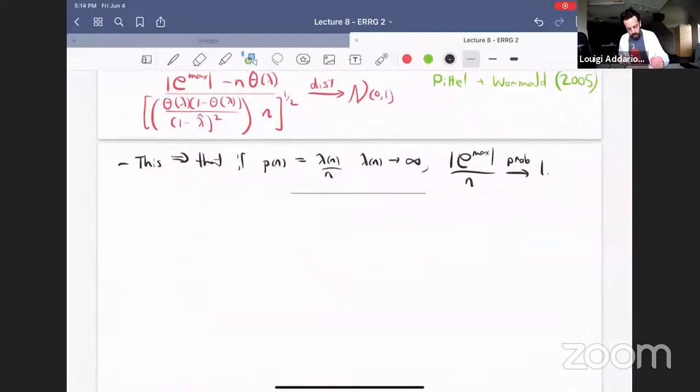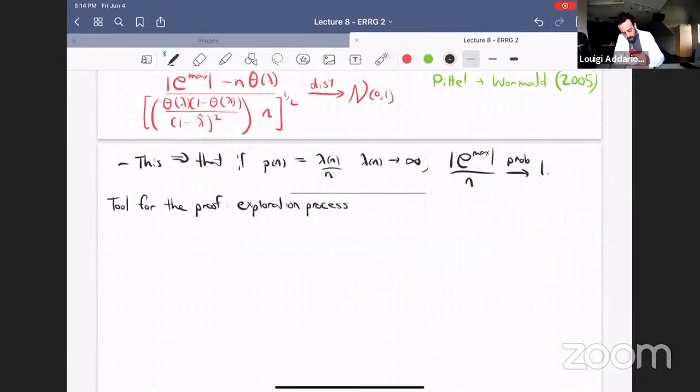This is the key tool for the proof: an exploration process for G(n,p). It makes sense to define this for any graph, but we'll only use it for the Erdős–Rényi random graph, so I'll just give you the definition in that specific setting.